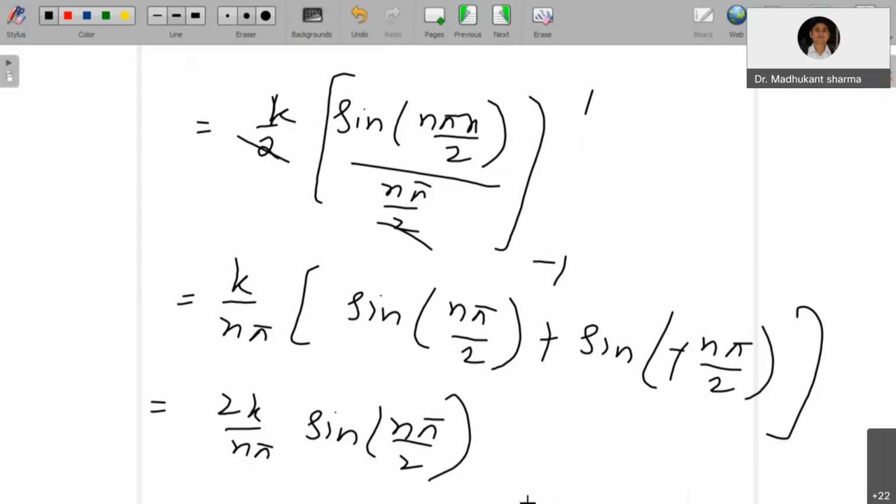Sine of an even multiple of pi by 2 is 0. So if n is an even number, it is 0. If n is odd, it is either 1 or minus 1, so you have to handle it accordingly.